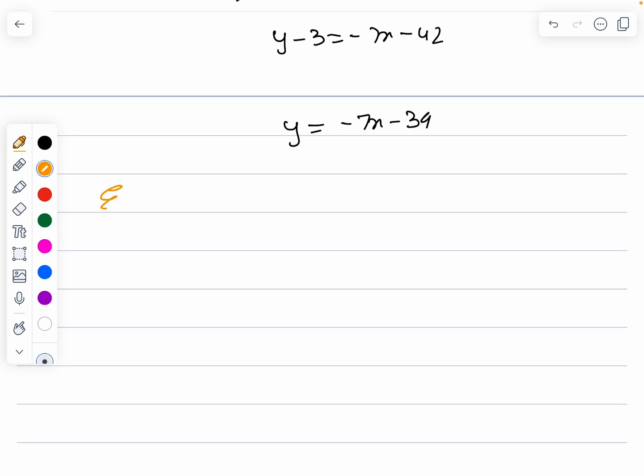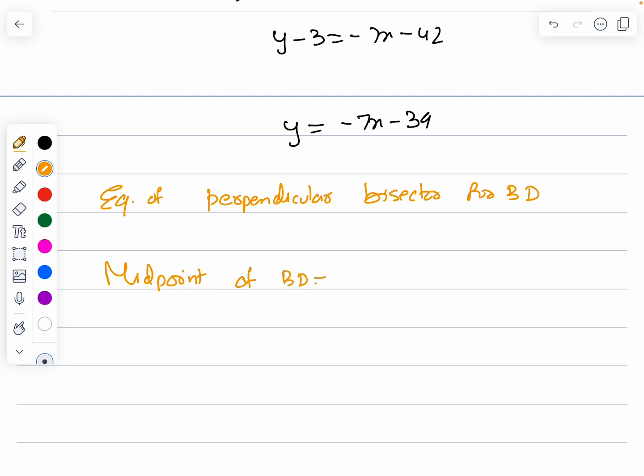Now I'll be finding the equation of the perpendicular bisector for BD. I am going to find the midpoint of BD. Same procedure: the midpoint of BD is going to be (3 minus 13)/2, comma (10 plus 2)/2, which is (-5, 6).